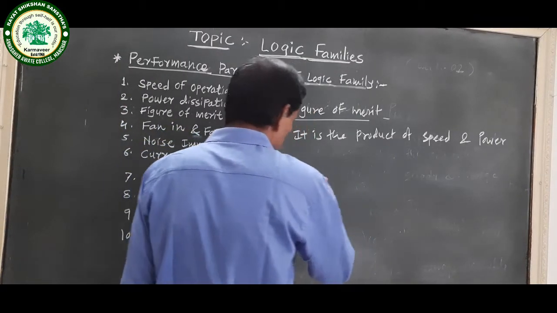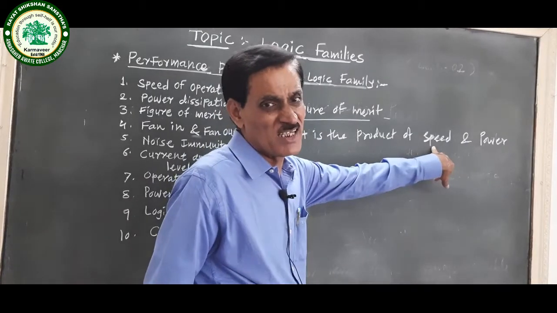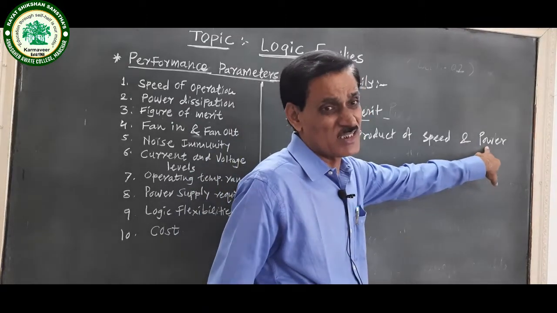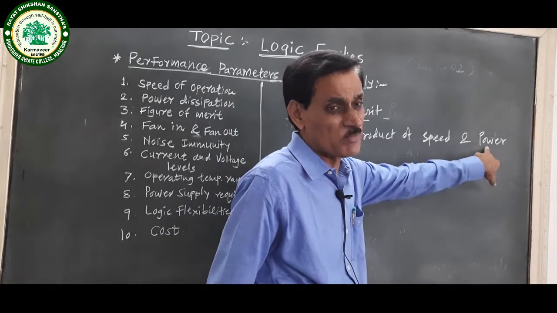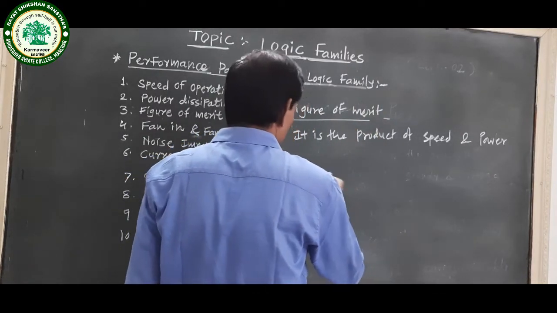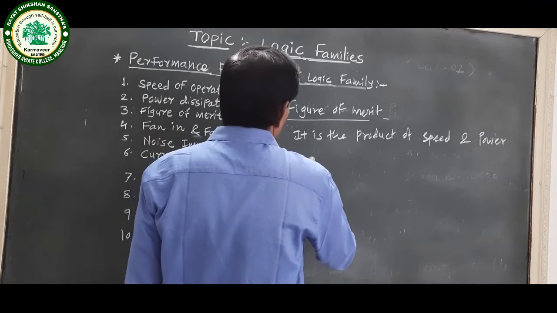Therefore, we can write the relation for it. Speed is measured in the form of propagation delay, and power is in the form of power dissipation, in the order of milliwatt. Therefore, we can write the relation for figure of merit.